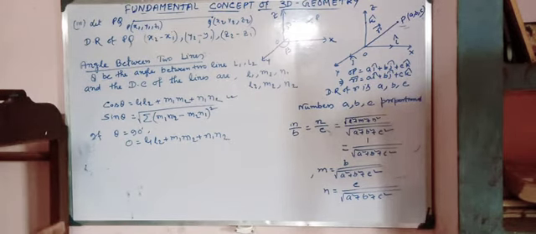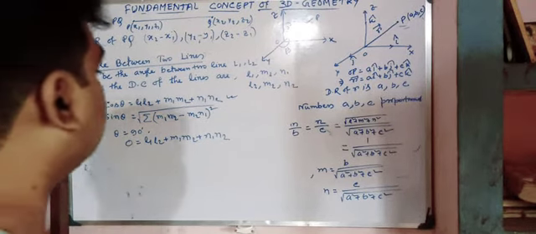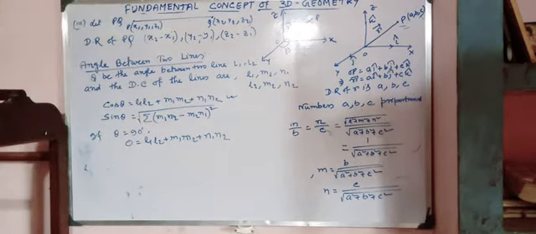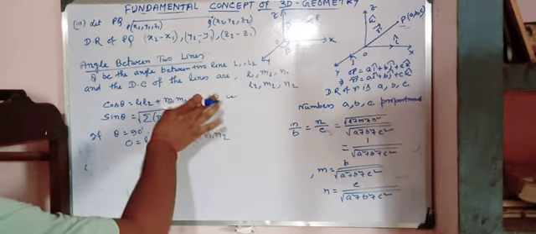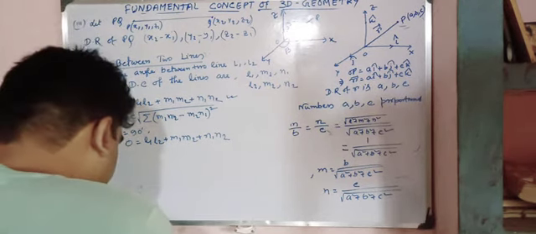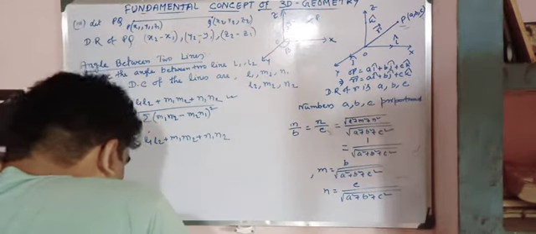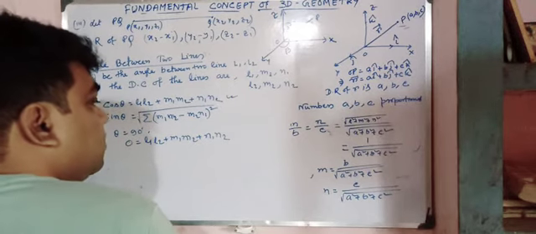This is the main formula for perpendicularity of two lines. We can say the two lines are perpendicular if the sum of the products of their direction cosines is 0, or the sum of the products of their direction ratios is 0. Understood that?